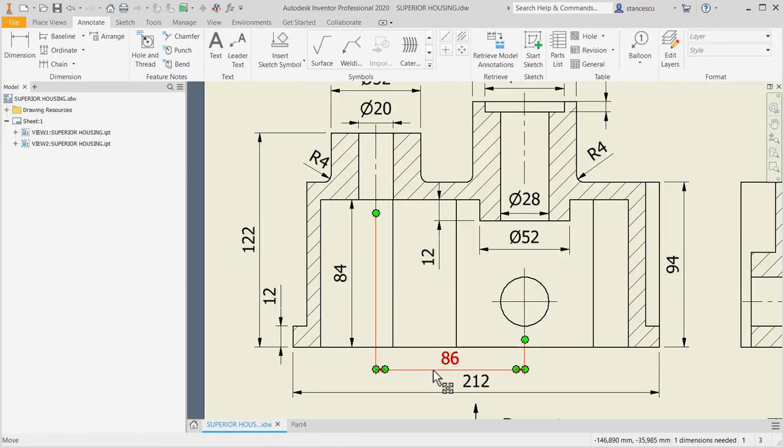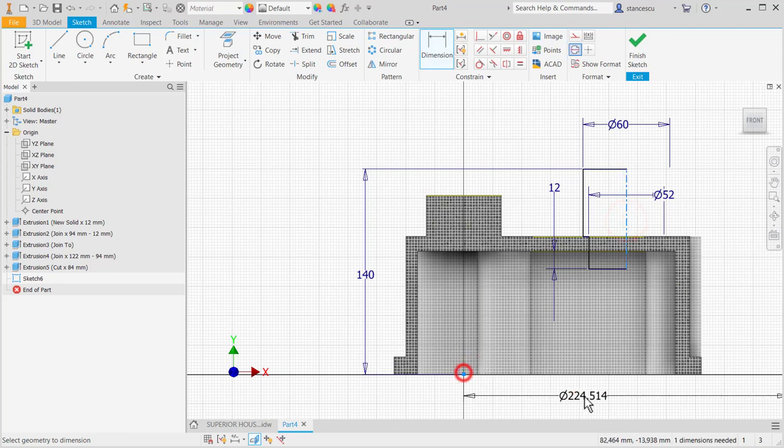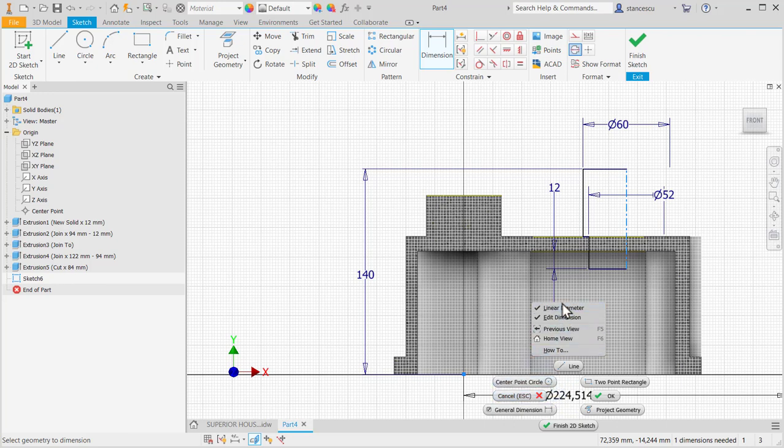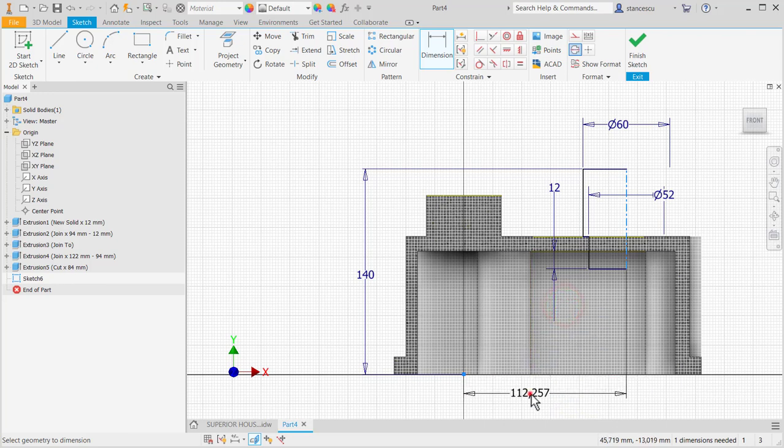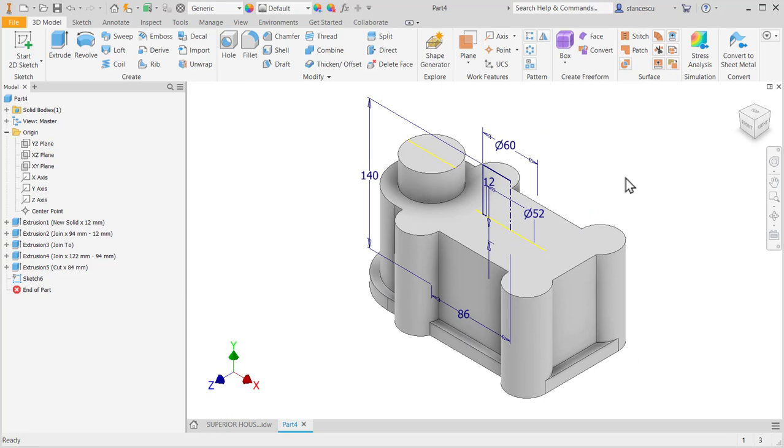Another dimension is 86 between the axes. So the dimension between these two, not as a linear diameter, is 86. Fully constrained. Revolve.